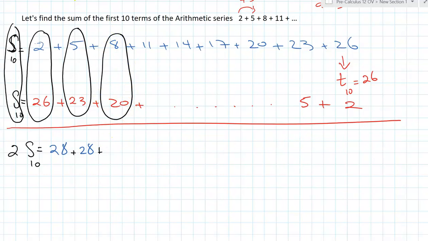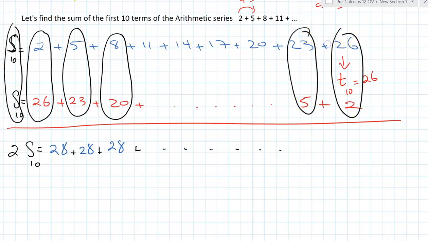Yes, we'll get 28 again. And notice that you can just keep doing that all the way to the end. You get 28 again when you add these terms. So you get 28. How many 28s do we have?